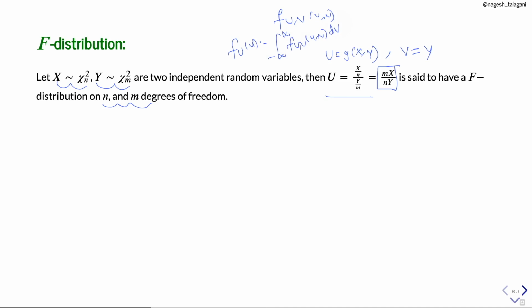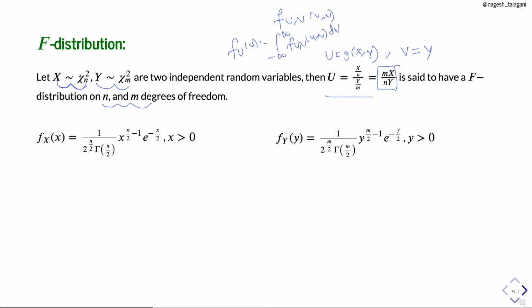First, we need the joint PDF of x, y. What do we know here? X is a chi-square random variable with n degrees of freedom. So I can write the PDF of x, f x of x, equal to 1 by 2 power n by 2 gamma n by 2 times x to the power of n by 2 minus 1 times e power minus x by 2 for x positive, 0 otherwise.